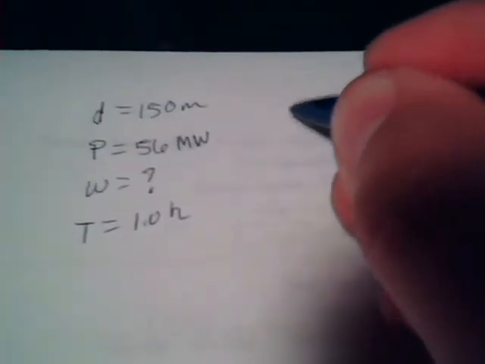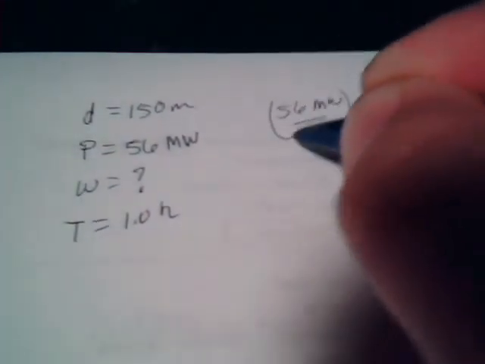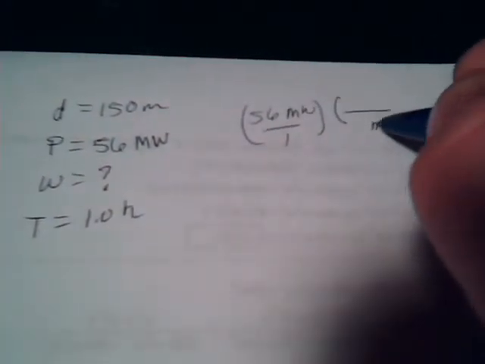Now, just like on the kinetic energy problems, there are certain units that we need to have. Megawatts is not it. We just want standard watts. And time, remember, in physics we always want in seconds. So the first thing we do is convert the megawatts into watts. 56 megawatts over 1. Remember from earlier that mega is a million. So megawatts is up here, so it has to be down here.